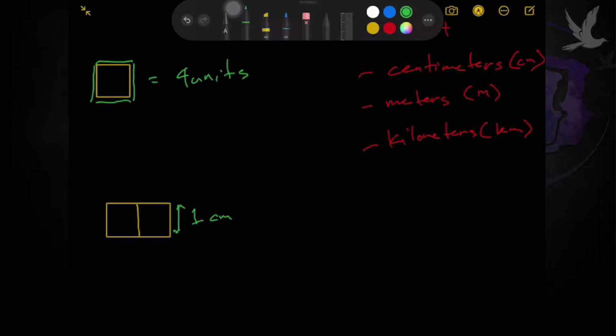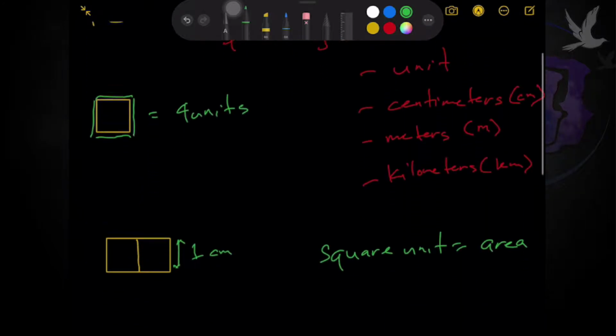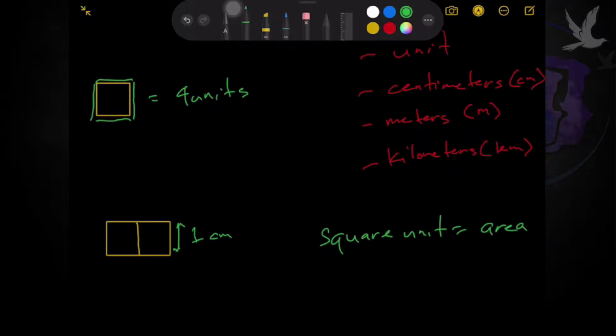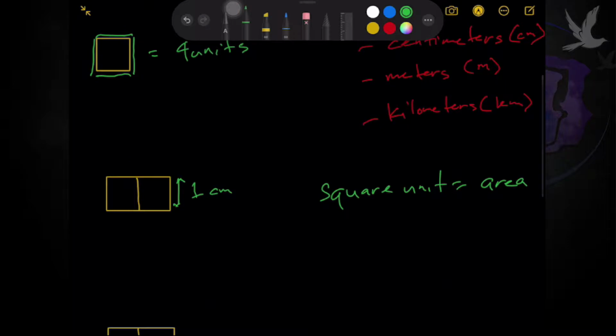Just like the same as area, no? Square unit yung doon. Dito naman, we cannot consider it as a square unit because if you are going to say square unit, this refers to the area. But since we're talking about perimeter, it's just the measurement around the figure. So sides lang yan. Okay. So ibig sabihin, if this is 1 cm, it means that this is also 1 cm.